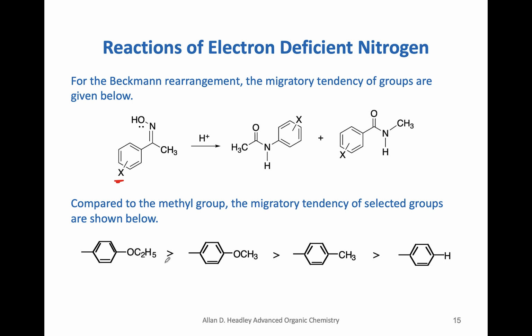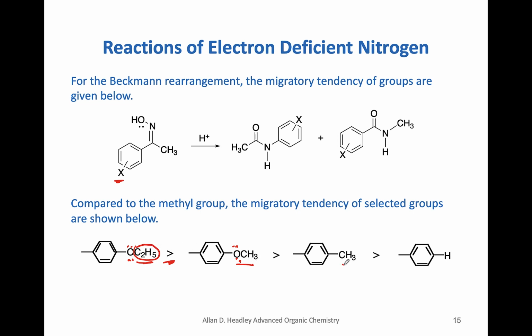OC2H5 will stabilize or migrate much faster, preferably, compared to the OCH3. You may say, well, gee, we still have 2 electrons here and here, same here. But you will recall that alkyl groups are electron donating also. So we have an ethyl here and a methyl. So it's a more alkyl group here, or a longer alkyl group chain compared to a methyl.